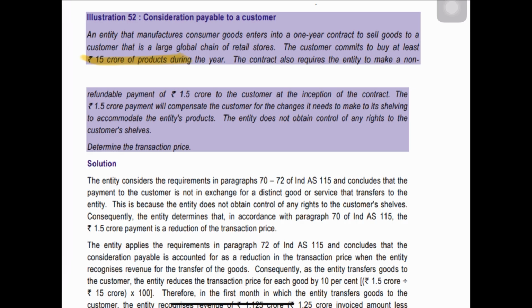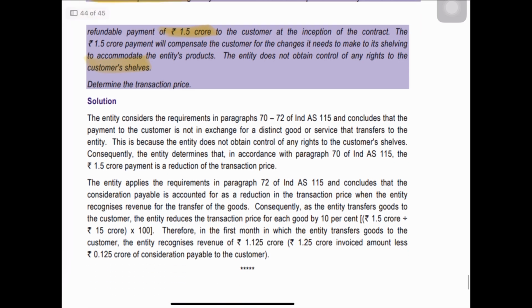The contract also requires the entity to make a non-refundable payment of rupees 1.5 crore to the customer at the inception of the contract. The 1.5 crore payment will compensate the customer for the changes it needs to make to its shelving to accommodate the entity's products. The entity does not obtain control of any rights to the customer's shelves.